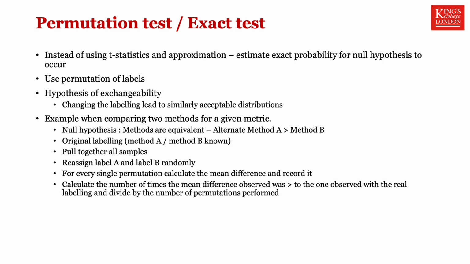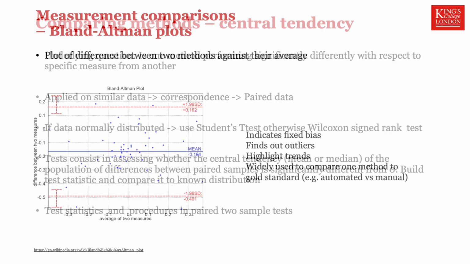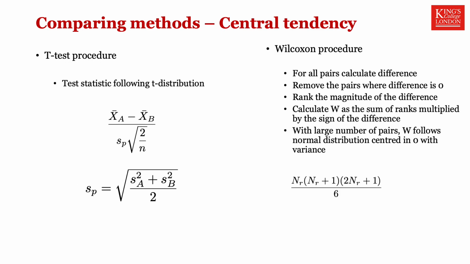So now that we have seen these two procedures. The t-test procedure, where your test statistic follows the t-distribution. You compare the t-statistic that you obtain, calculated as the difference between the means divided by the pooled standard deviation multiplied by the square root of 2 over the number of samples, to critical values to see if you can accept or reject the null hypothesis.